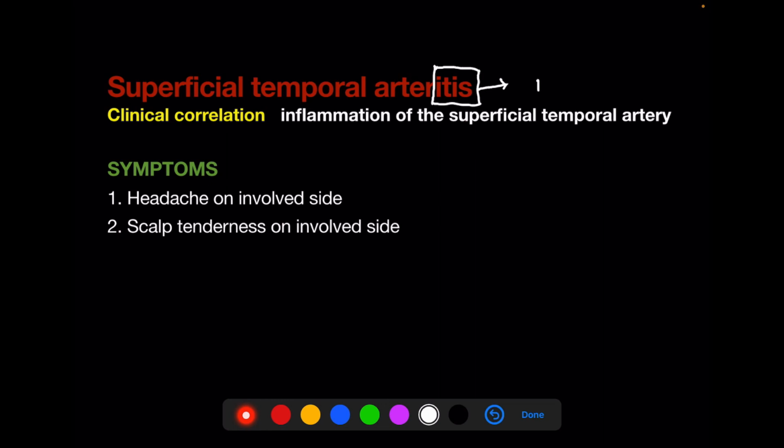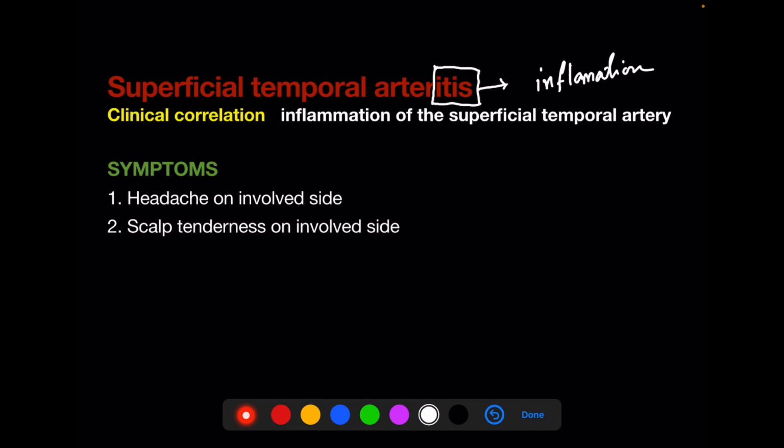This itis means inflammation. If you want me to say the definition of superficial temporal arteritis, I just have to say that it means your superficial temporal artery is going to be inflamed. Just this.